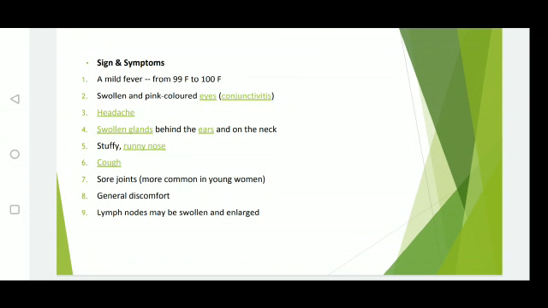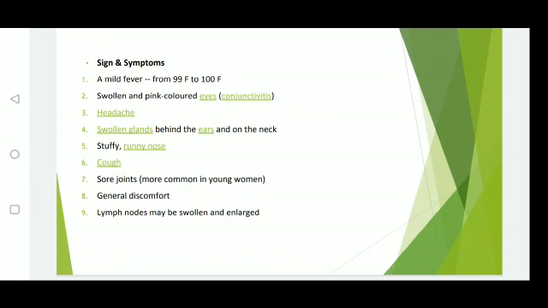Then stuffy and runny nose. Then cough, sore joints, especially common in young women. Then general discomfort. The last is lymph nodes that may be swollen and enlarged, the same swollen glands behind the ears or on the neck.